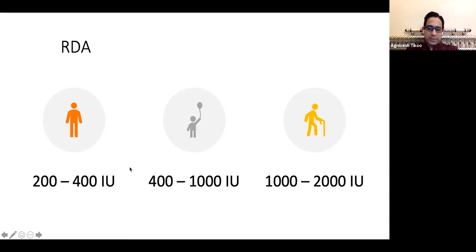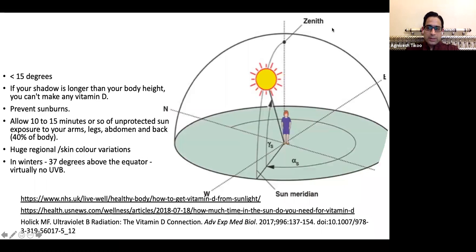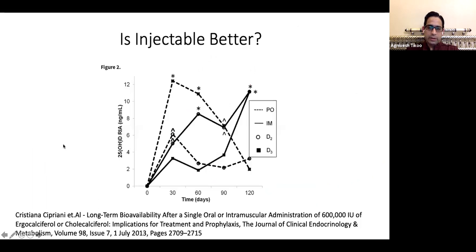But we know from our experience, especially Indian experience, that you need a minimum of 1000 international units of vitamin D given daily in order to prevent deficiency. Sunlight helps in vitamin D, but the sunlight needs to be taken between 11 a.m. and 12 p.m. That's the time when your body can form vitamin D. Early morning sunlight cannot form vitamin D. As a general rule, if the shadow is longer than your body, you cannot form vitamin D. You need 10 to 15 minutes of exposure, and 40% of the body has to be exposed. That is how you will get vitamin D normally.